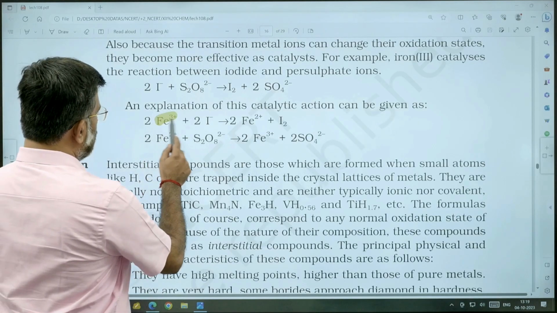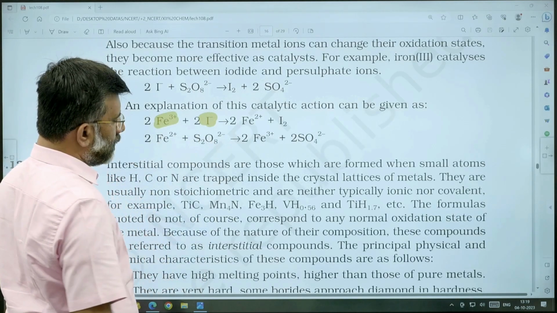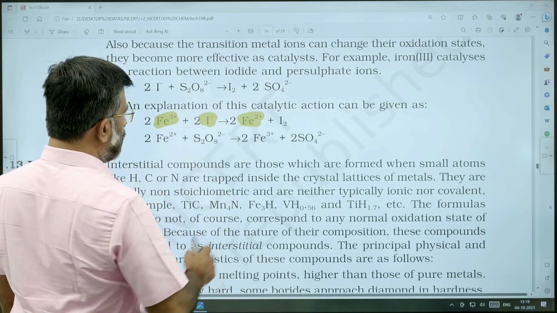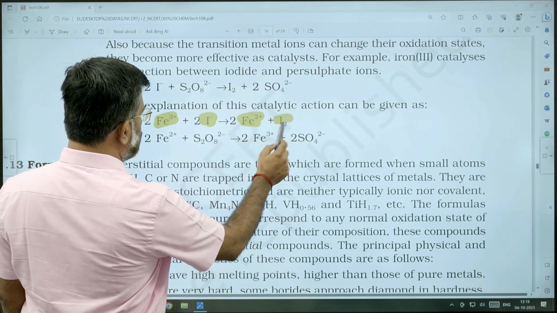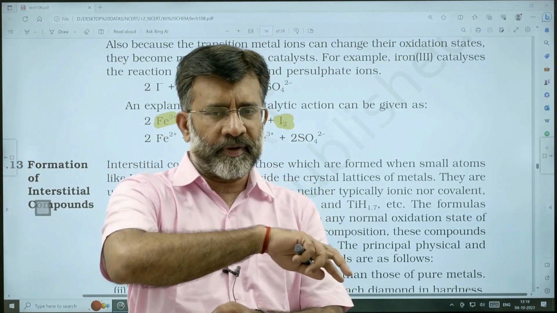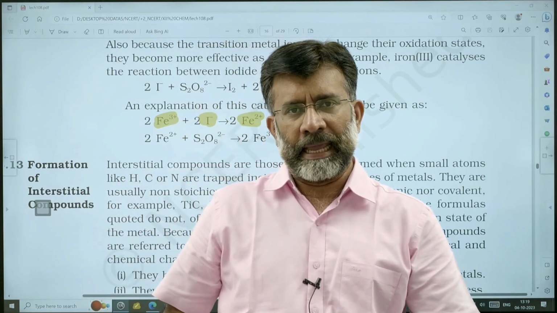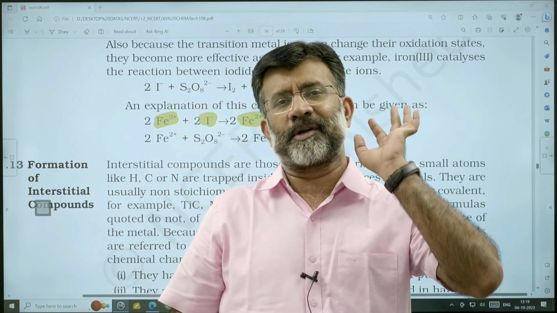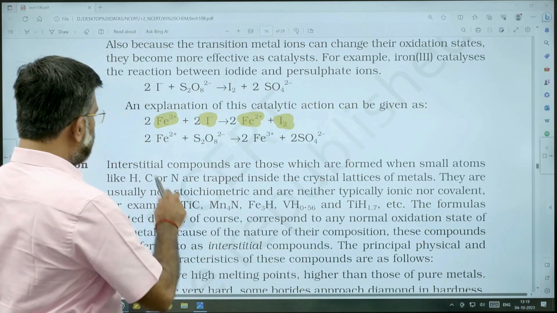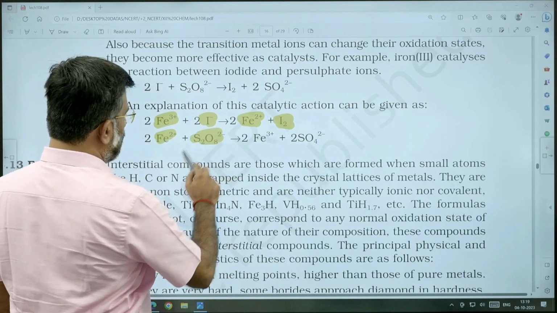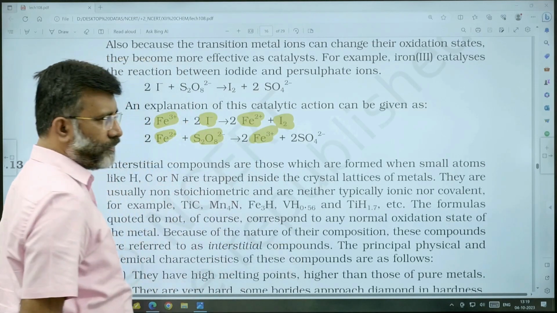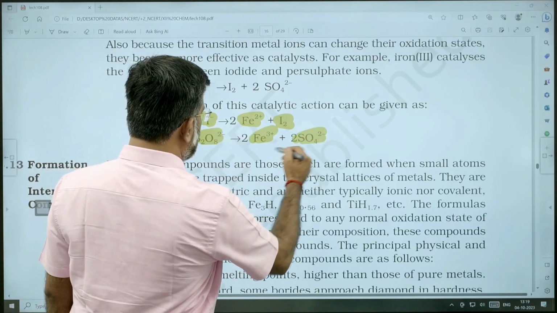You see Fe3+ interacting with I minus, and Fe3+ is reduced to Fe2+ and I minus is oxidized to iodine. So Fe3+ to Fe2+ switching helps iodide convert to iodine. Now that Fe2+ interacts with the peroxydisulfate, Fe2+ is oxidized back to Fe3+, and the peroxydisulfate is converted to sulfate.